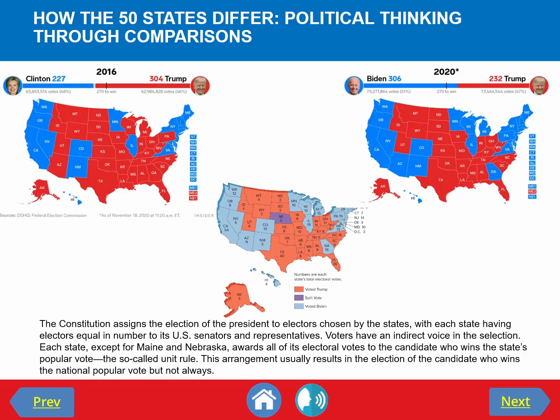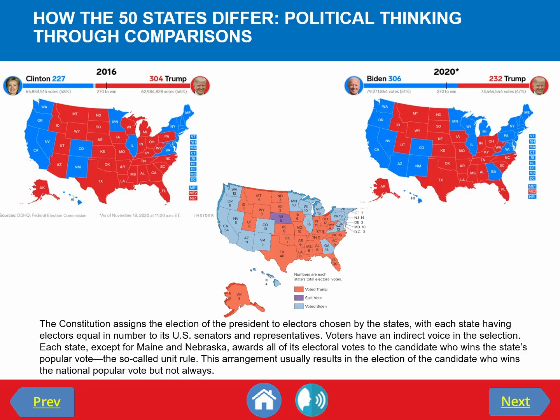This arrangement usually results in the election of the candidate who wins the national popular vote, but not always. In the 2016 election, Donald Trump lost the popular vote but became president by winning enough states to give him a slight advantage in the Electoral College. Since many southern states like Texas and Florida, along with smaller Midwestern states, gave Trump more electoral votes than did coastal states, Trump was able to win that slight majority of electoral votes.